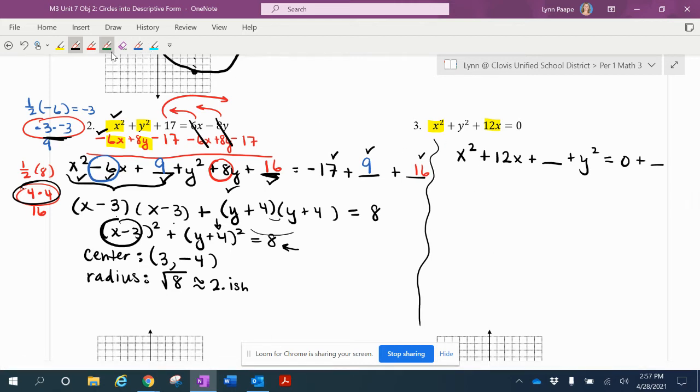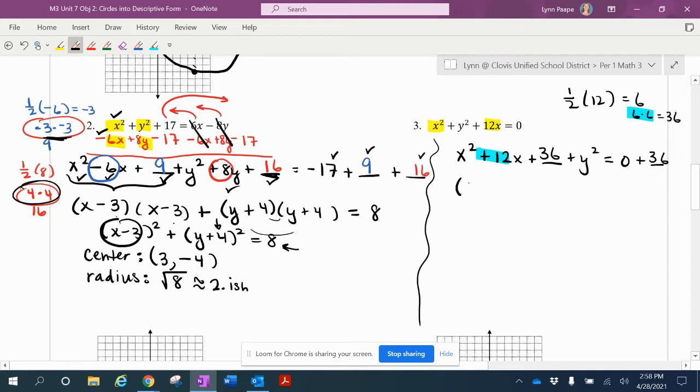Okay, so what are we going to do first? We are going to take that 12, right? And we're going to take half of 12, which is 6, and then times it by itself. So that gives me 36. So that's what I'm going to add to both sides, right? And so hopefully you're catching on that that's the numbers that are going to show up in my factors, right?